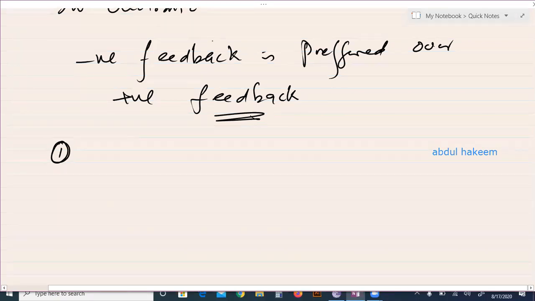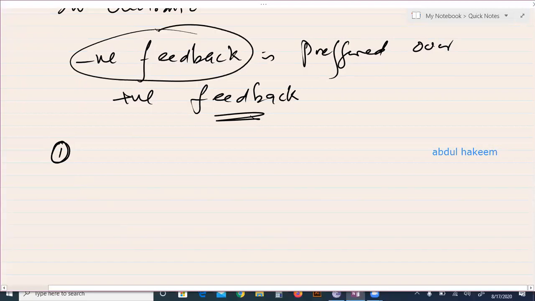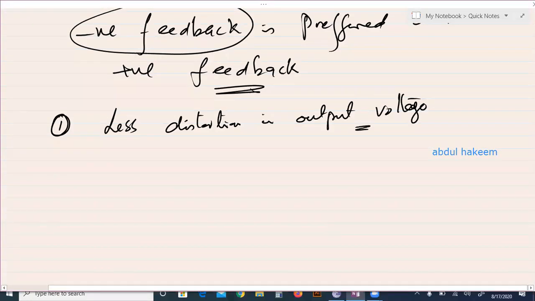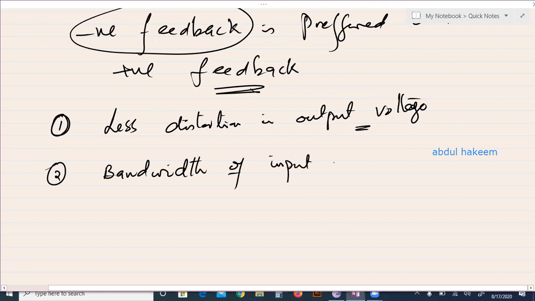Number one, with the help of the negative feedback, we will get less distortion in output voltage. This is the number one advantage of the negative feedback. Less distortion in the output voltage. And number two, bandwidth, meaning the range of the frequency of input voltage, increases.